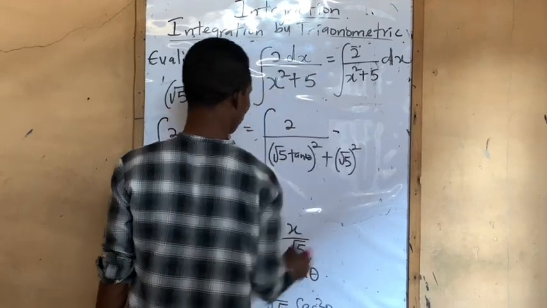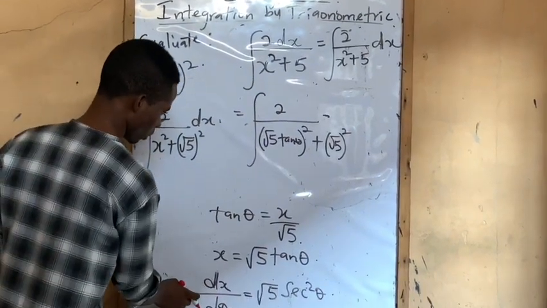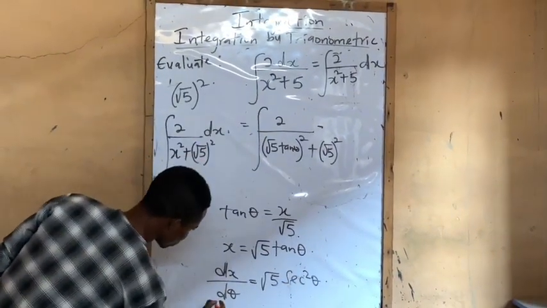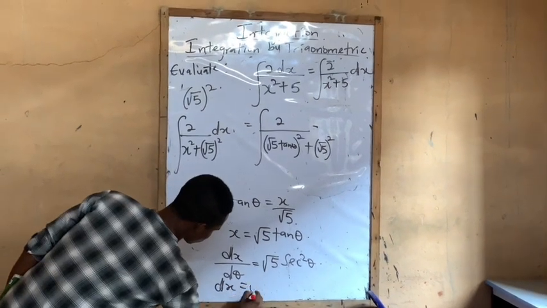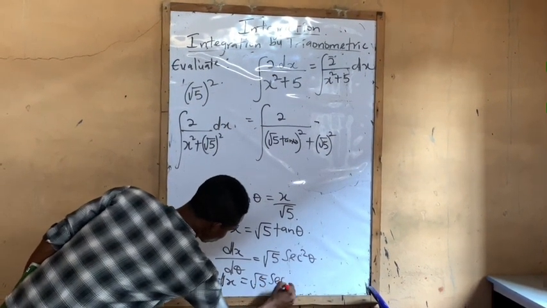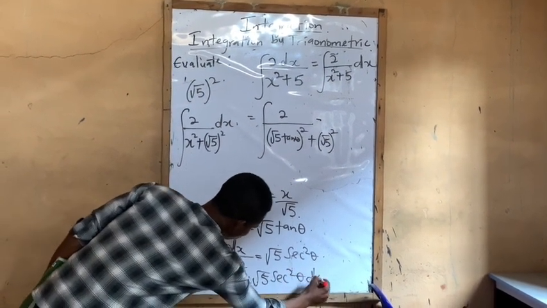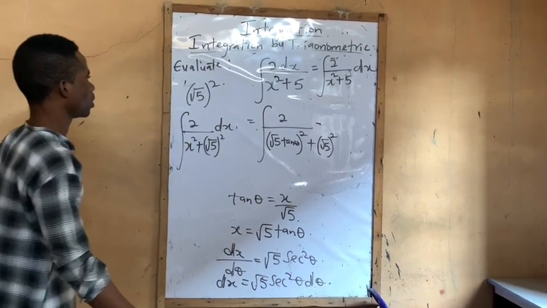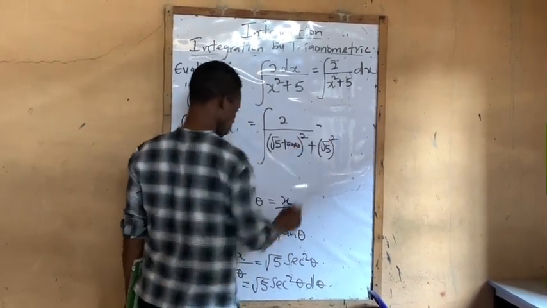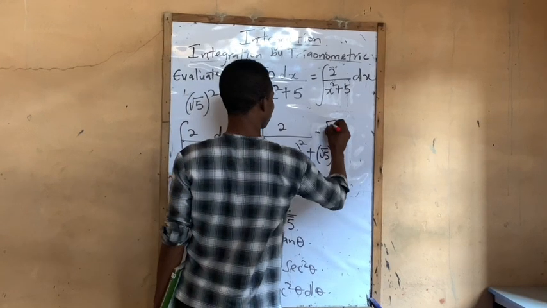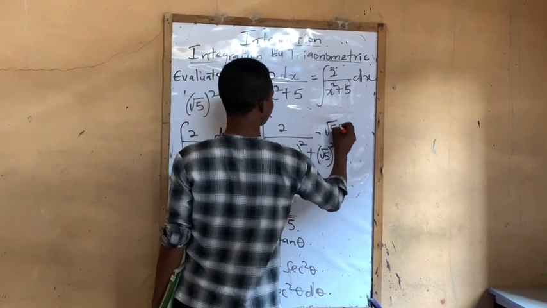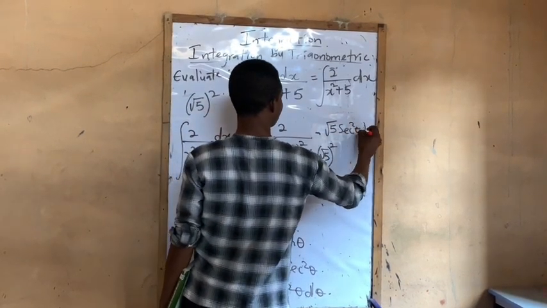Now, what is my dx? If I cross multiply here, that means my dx equals root 5 sec squared theta d theta. So that is going to give me root 5 sec squared theta d theta.